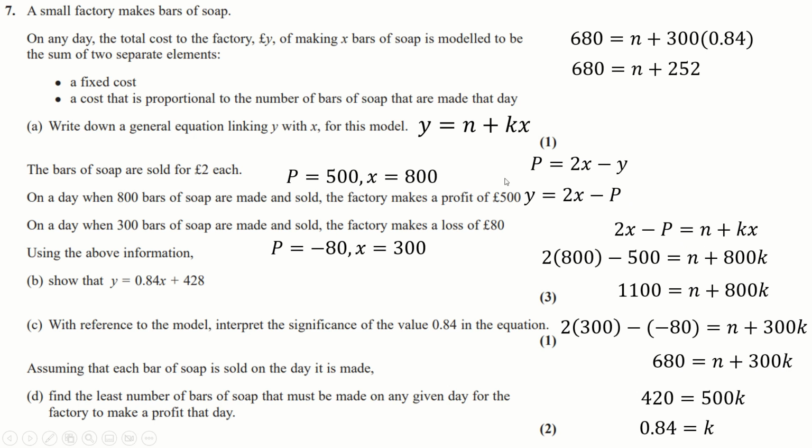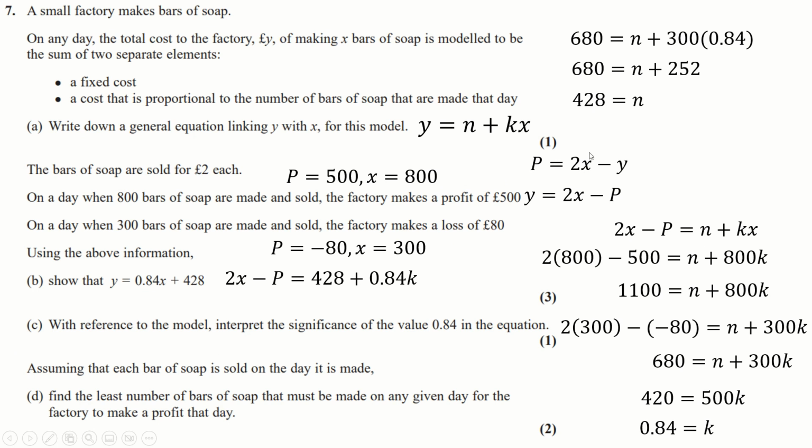But yeah, picking apart this whole profit and costing thing made it a bit more complicated, but eventually you end up with this here. 0.84 is the cost per thing that you make. Oh, and then of course you need to show this. So I've shown n and k are these things. My initial setup is this, but of course this is y, based on my definition earlier from here.